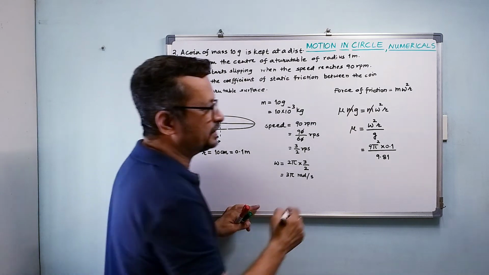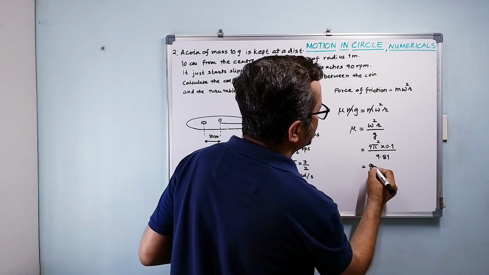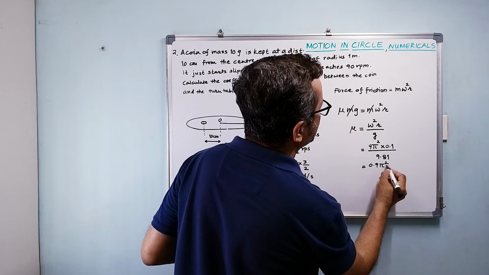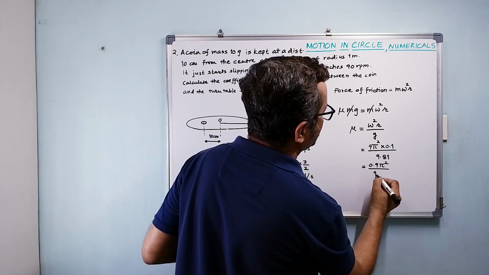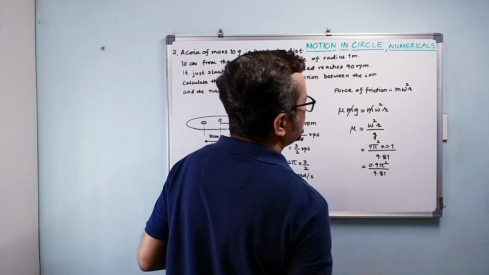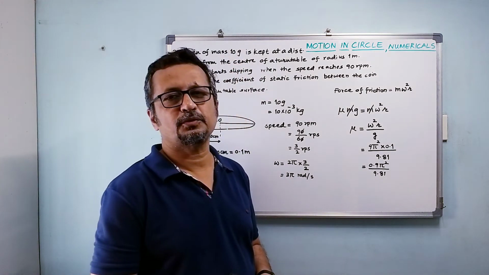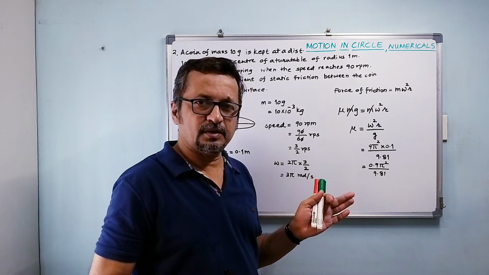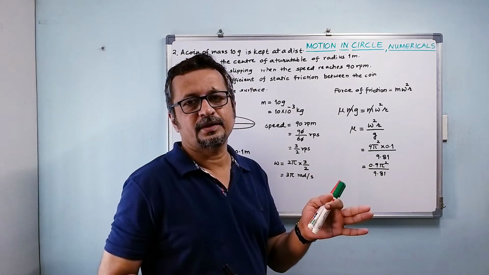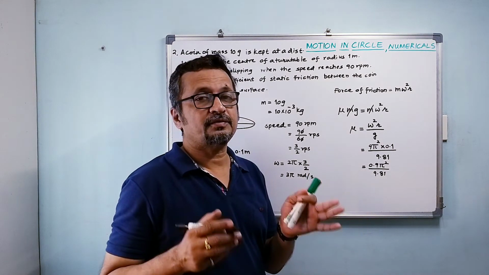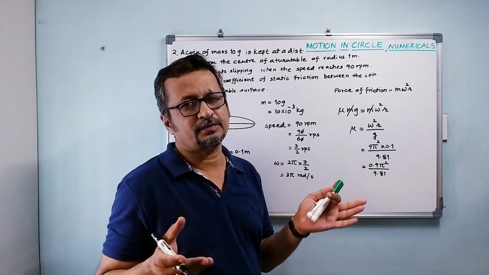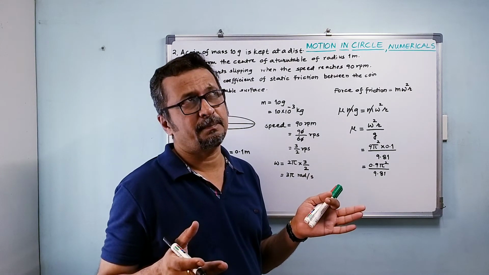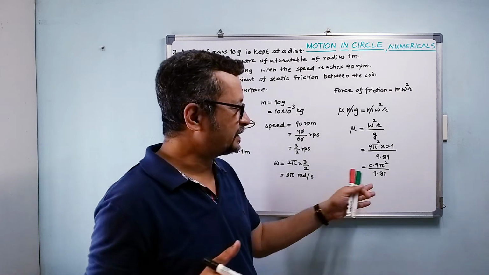and then this is going to be equal to 0.9 pi square divided by 9.81. Now this pi square is approximately going to be equal to 10, because it is 3.142 squared, right? What is square root of 10? Square root of 10 is 3.162, something like that.